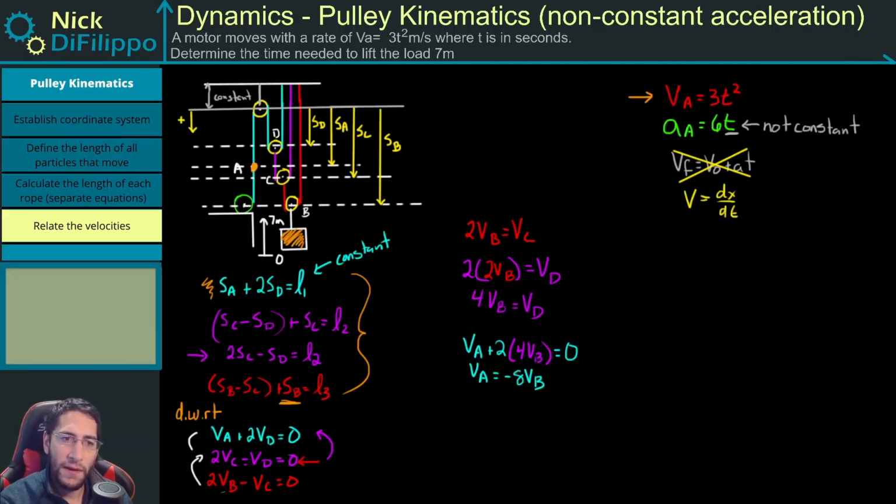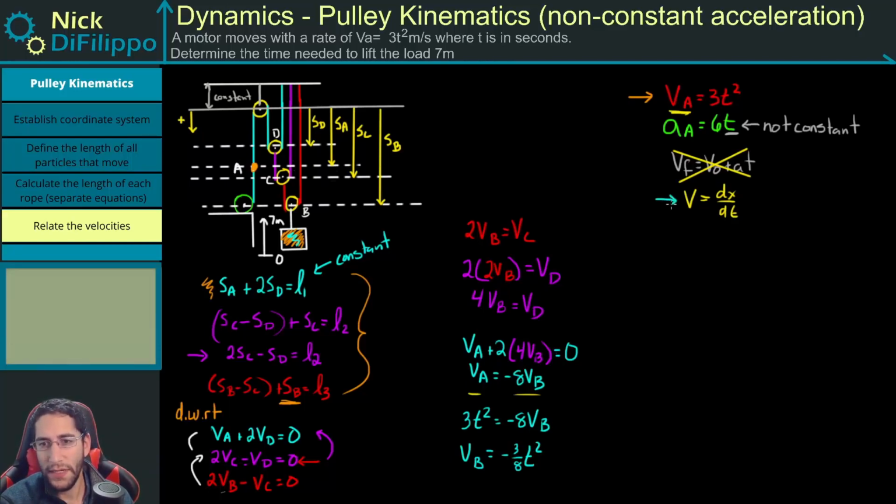Now I've related my velocity of A with my velocity of B. I also have another expression for my velocity of A. So if I equate these two together, I'll get that 3 t squared is equal to minus 8 times the velocity of B. Solve for the velocity of B. I get my velocity of B, or the velocity of this weight, is going to be equal to minus 3 over 8 t squared. That's fine.